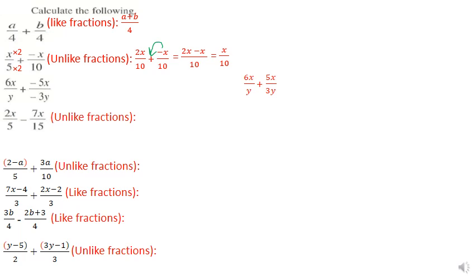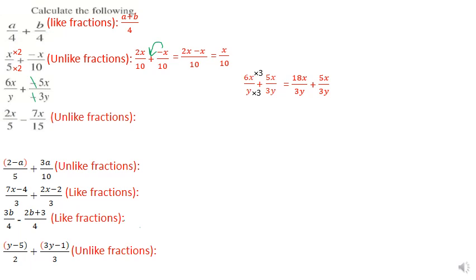This is the second property where I can cross out the minus, simplify them. So I get 6x over y plus 5x over 3y, and I make the same denominator, I just multiply the first one by 3 because I have in the denominator y and 3y. How do I make them the same? I multiply y by 3, so I get 3y. So now I have 18x over 3y plus 5x over 3y.